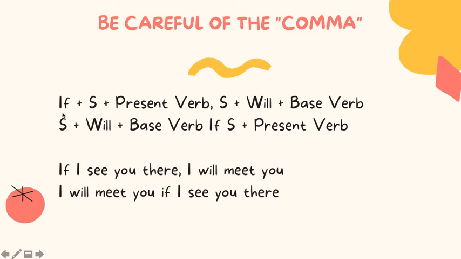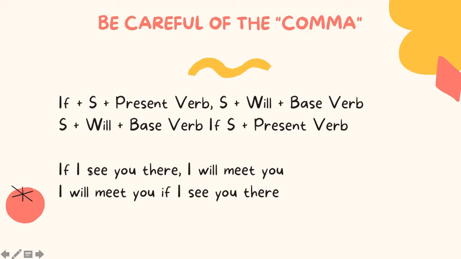Look at the position of if. If you use if at the beginning of the sentence, you need to put a comma after the first clause. And if you put if in the middle of the sentence, then you do not need a comma. See, there is no comma here.